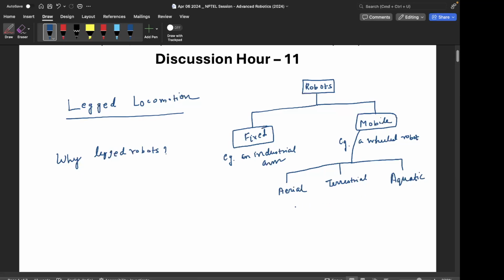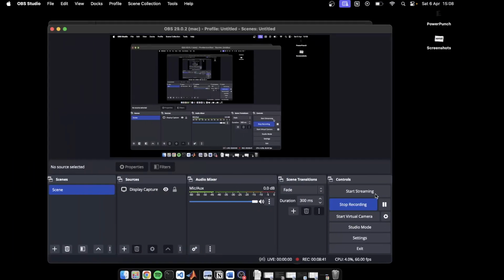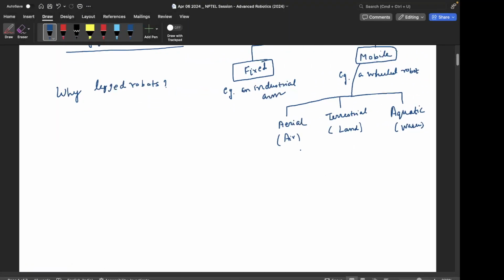So a very broad kind of air, ground, and water, right? So this is air, this is land, and this is water, right? So the example of aerial mobile robots is drones, which we all are familiar with.